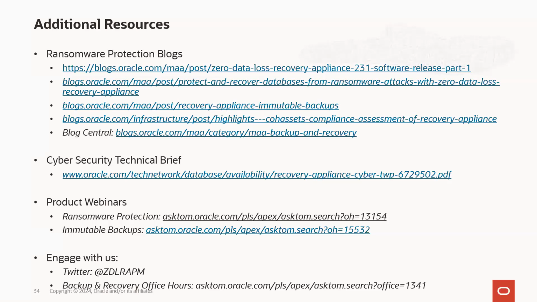There's a question about documentation to use ZDLRA from an Azure instance. That's cloud to on-premises, which isn't typical. The recovery service is exposed via the Oracle Database at Azure offering.